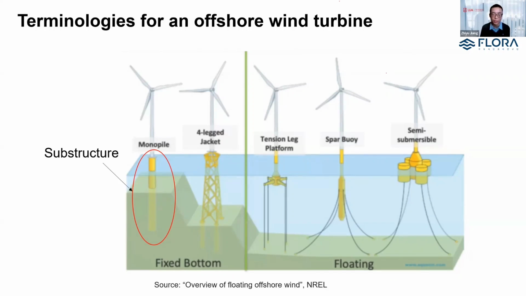This makes it possible to install and even maintain the floating wind turbine at a low cost. If something happens to the wind turbine at an offshore site, we can disconnect the mooring system and tow it back to a harbor for maintenance. But there are multiple designs of semi-submersible concepts out there.